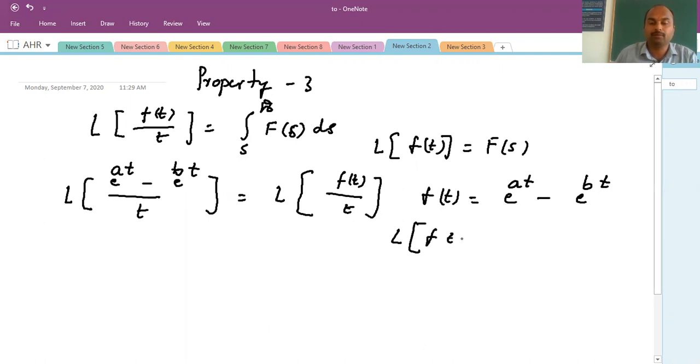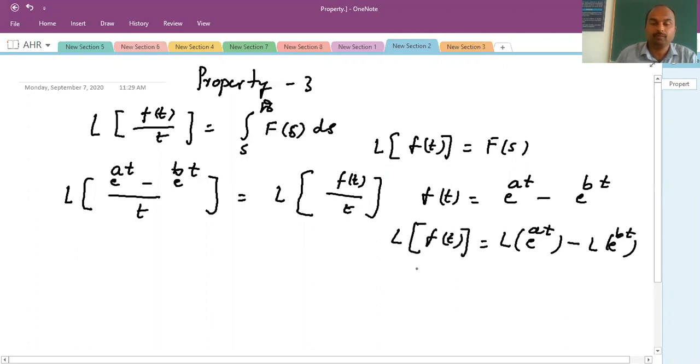Laplace transform of f(t) is equal to Laplace transform of e^(at) minus Laplace transform of e^(bt). So the left hand side will be denoted as F(s). Laplace transform of e^(at) is 1 by s minus a, and Laplace transform of e^(bt) is 1 by s minus b.